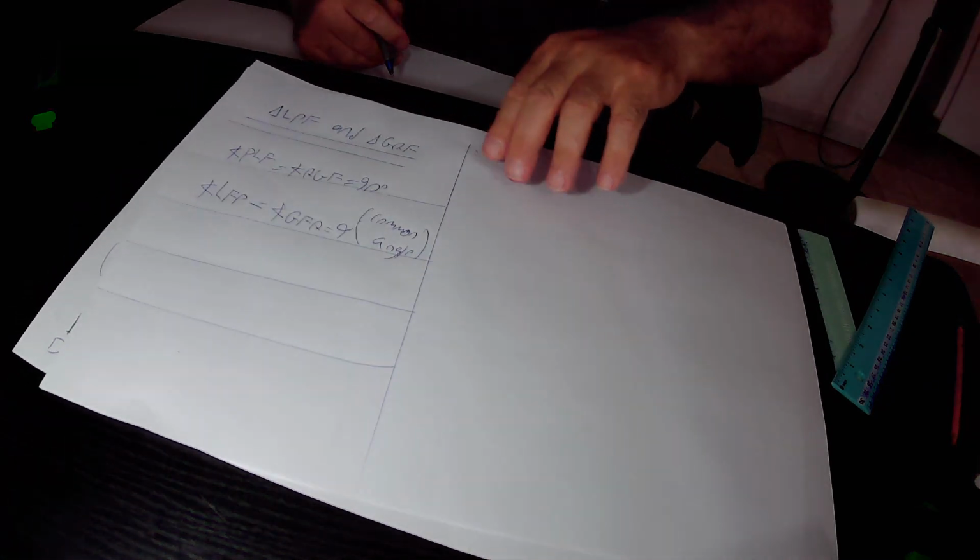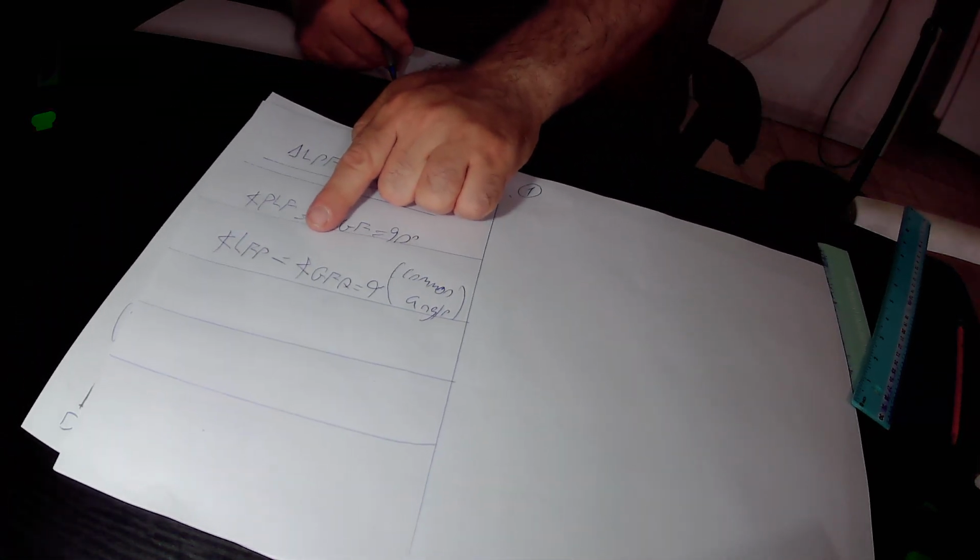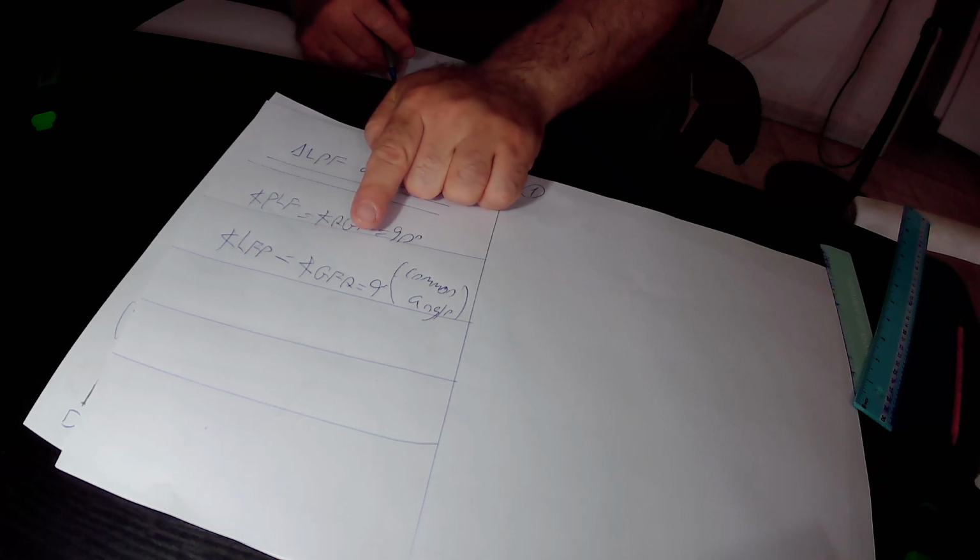Again, this equation means that angle alpha equals itself. We just call angle alpha by two different names.